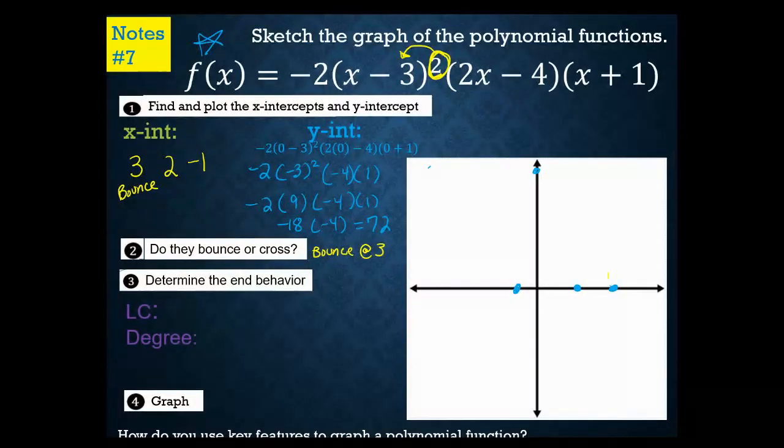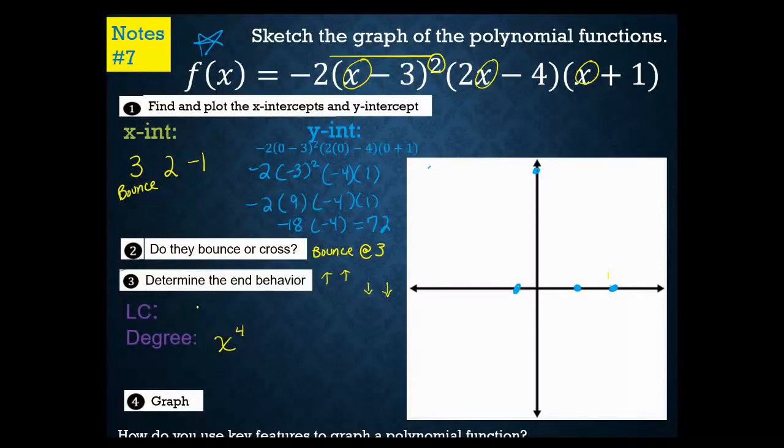What's the end behavior? Well, we have to check our total degrees. So count how many total x's. So x squared, x, and x, right? X squared, 2 of them, another one. So we have degree 4. What does that mean for end behavior? It means when it's even, degree 4, either both arrows are up or both arrows are down.